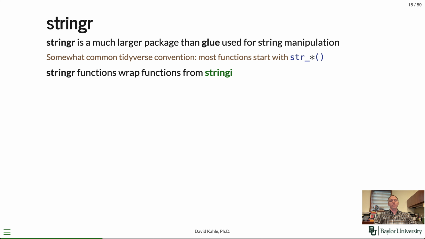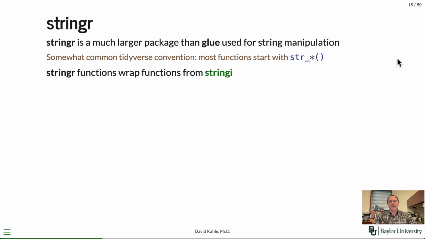Now, stringr functions, this is kind of interesting. The functionality that stringr provides is actually largely already available in base R by different names. And I'll show you that at length a little bit later on when I show you a dictionary that goes back and forth between stringr functions and base R functions. However, stringr is actually not its own native implementation of a string processing engine, okay? stringr is using another package called stringi, okay?